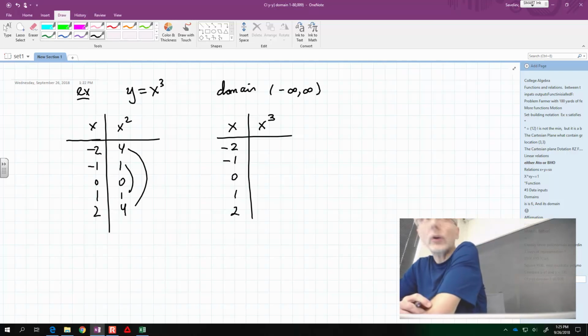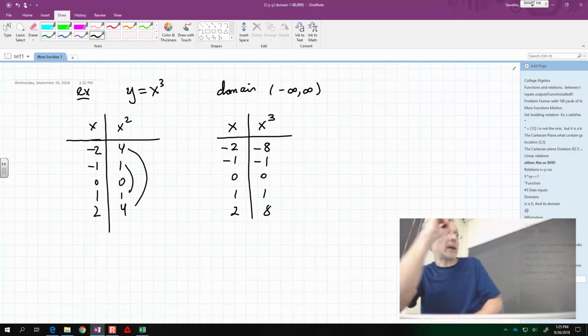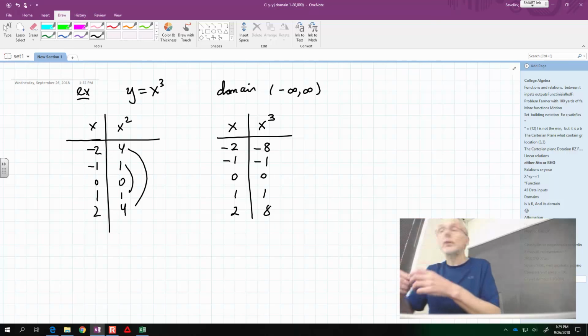-2 cubed. It's still negative, yes. So that's the crucial difference. So -2 cubed is -8. -1 cubed is -1, 0, 1, and 8. So I cannot make those arches there to indicate the repeated values because there are no repeated values.